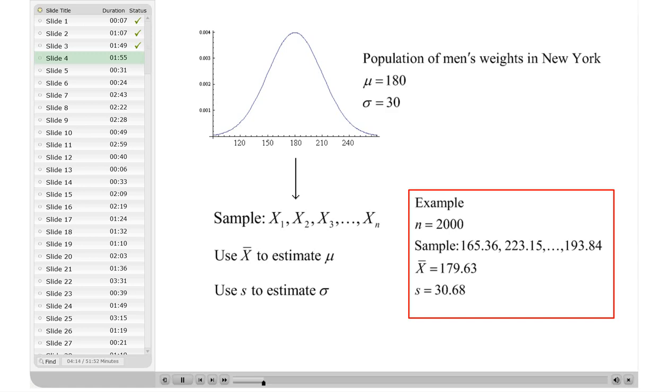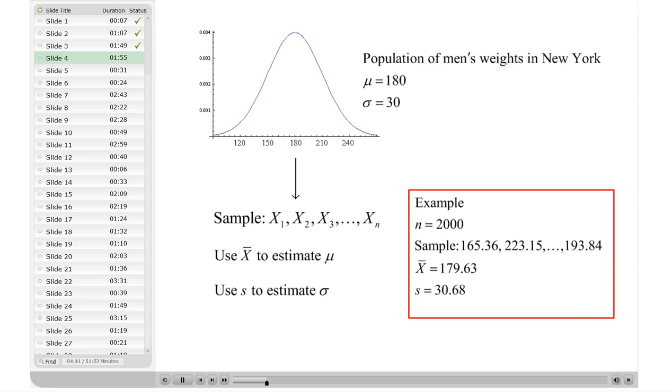But I also want to point out that if you look at the numbers in the sample, there's a lot of variability there. The first number is 165.36. The second number is 223.15, and so on. These numbers are not really close to 180, and the reason for that is the standard deviation is 30. And we saw last time that when you're dealing with normally distributed data, about 95% of the observations are within 2 standard deviations of the mean.